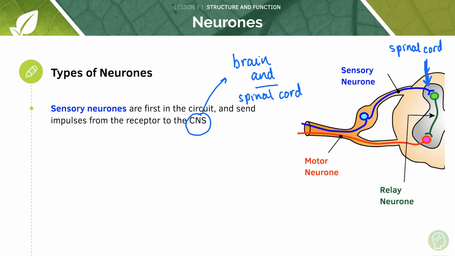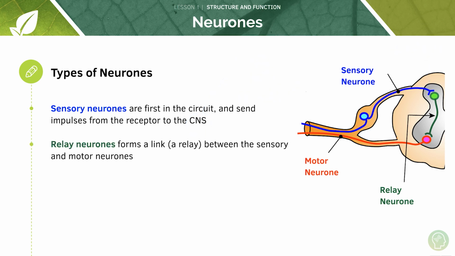And so sensory neurons transmit information from your receptor in your finger, for example, to your spinal cord, where the sensory neuron synapses, and we'll be looking at what that means later on, but basically what that means is it makes a contact with the relay neuron, and the relay neuron forms a link between the sensory and motor neuron.